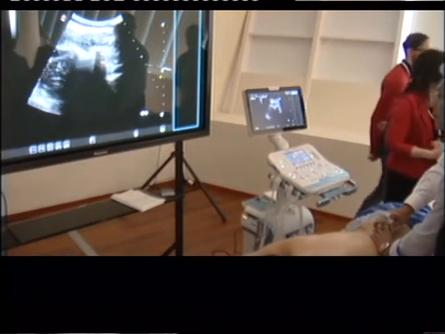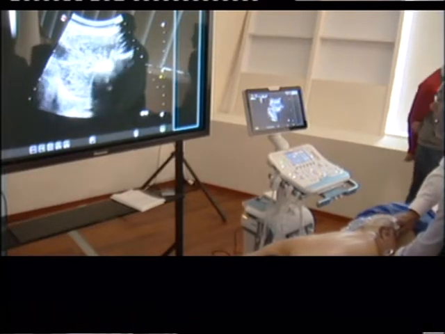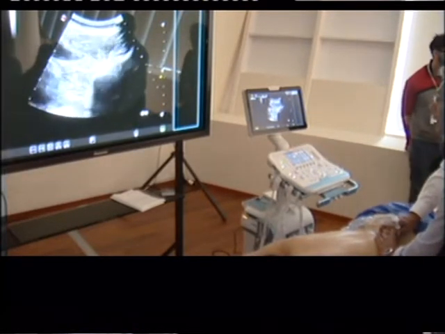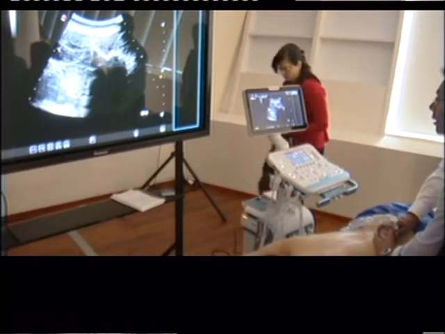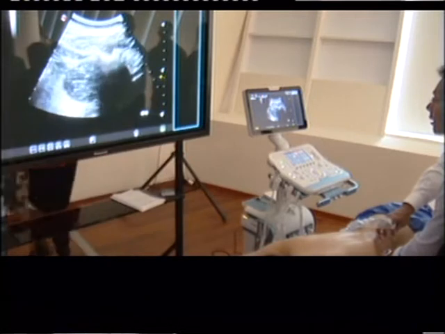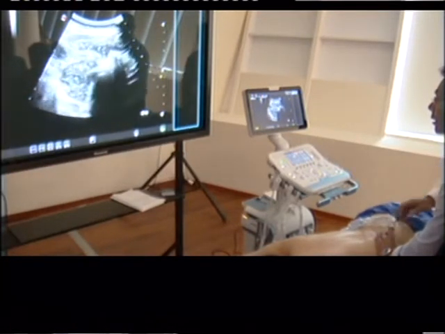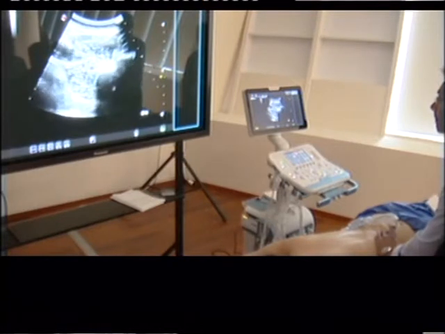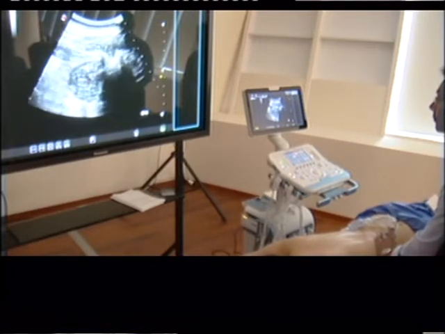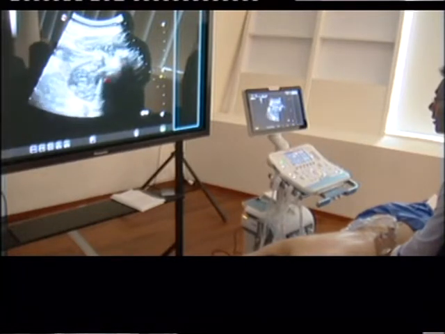Facet and the W. And then quadratus lumborum, psoas. W. Lumbar plexus. W. See? Right there. Psoas, quadratus lumborum, lumbar plexus, nerve root, sympathetic chain, aorta.